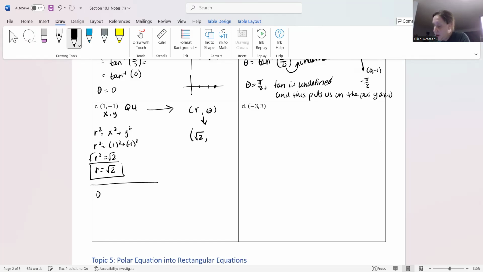Now for theta, we want to use inverse tangent of y over x. So inverse tangent of negative 1 over 1. So inverse tangent of negative 1. So where from negative pi over 2 to pi over 2 does tangent have a ratio of negative 1? Well, this would occur at theta equals negative pi over 4.